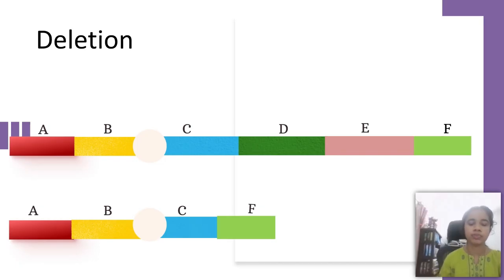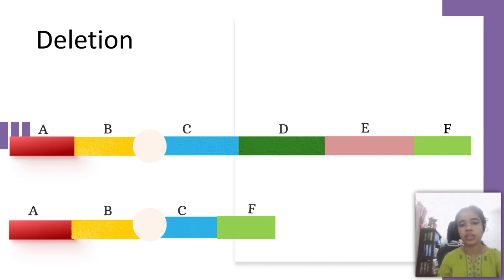So what are the effects of deletion? The impact depends on how big the missing segment is and which genes were in it. Small deletions may go unnoticed, but larger ones can cause major developmental issues. Sometimes essential genes go missing.